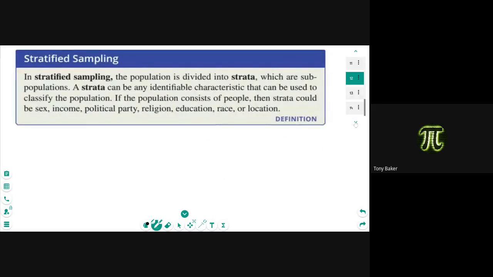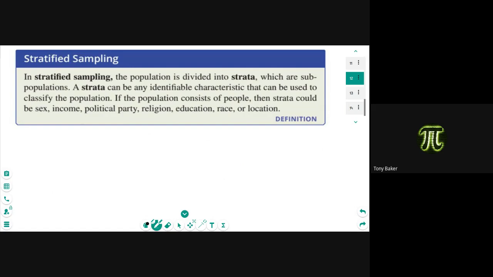The next one, this is the one that a lot of you kept dipping into. This is known as stratified sampling. If you've ever taken a geology class or an earth science class, you think of strata, the rock strata, different layers. Same concept here. We have a lot of different layers to us. So strata are subpopulations.